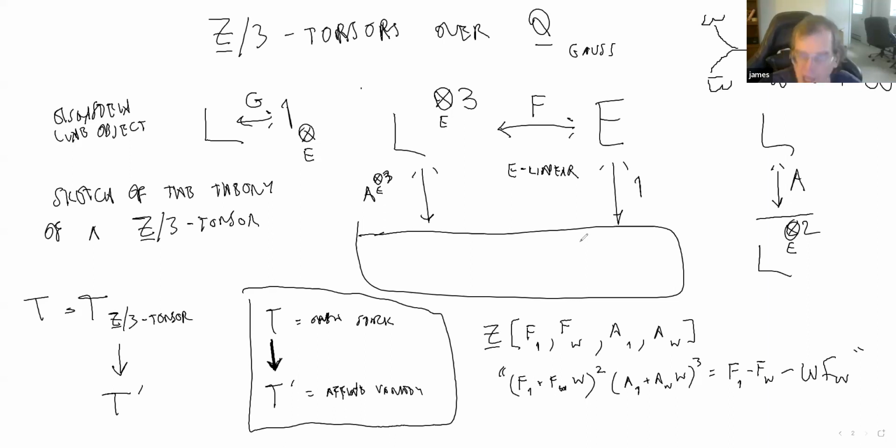All right. So a lot of this was just experimenting with an allegedly more conceptual perspective on this gauge fixing or perhaps descent method. But in the remaining time, let's try to take a more calculational, experimental approach to thinking about these Z mod 3 torsors over the Gaussian field.